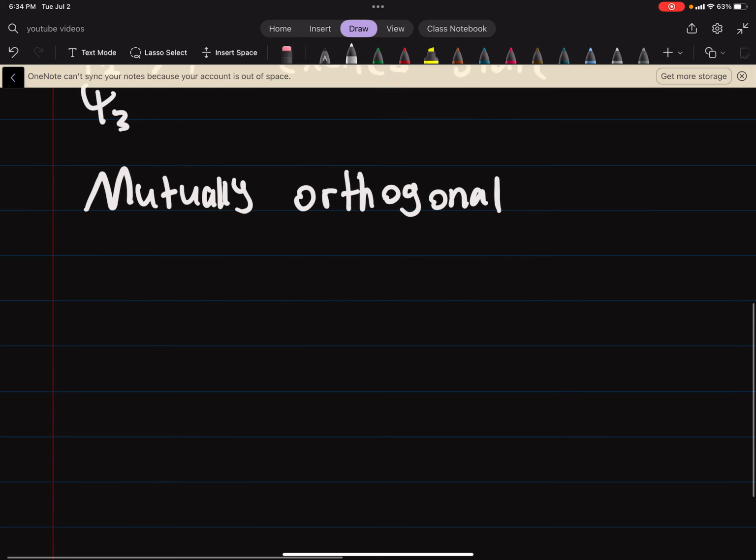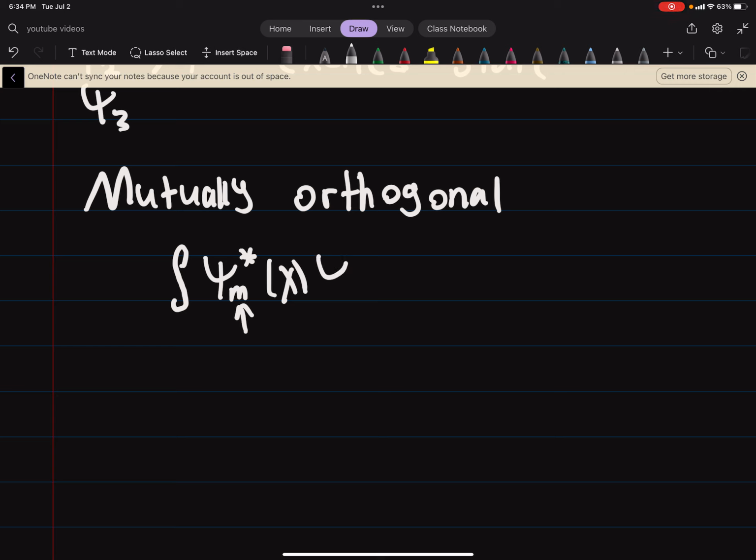Which mathematically we just say as the integral of psi star of x, the mth state, multiplied by the nth state, dx, is equal to 0. So this is kind of like your inner product, and just like how your dot product, when it's equal to 0, can tell you when you have perpendicular vectors, this is kind of similar. This is just our inner product, if you're familiar with that. Something we'll talk about in a later chapter.